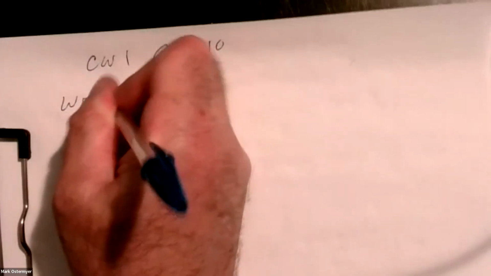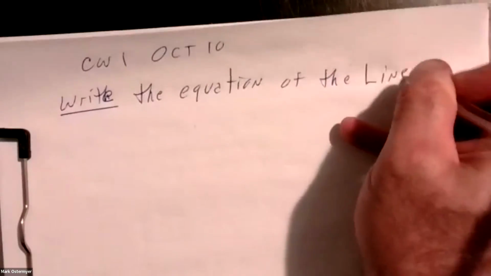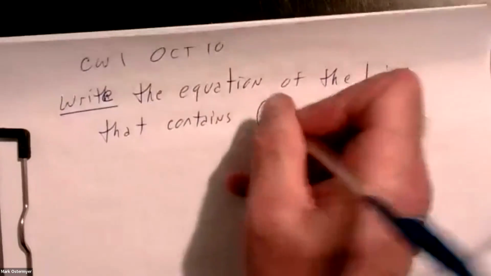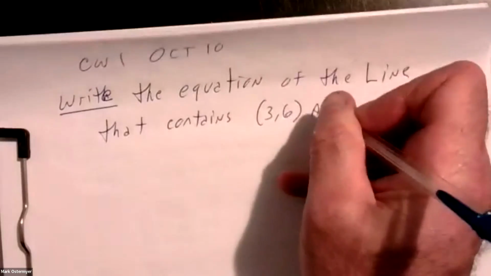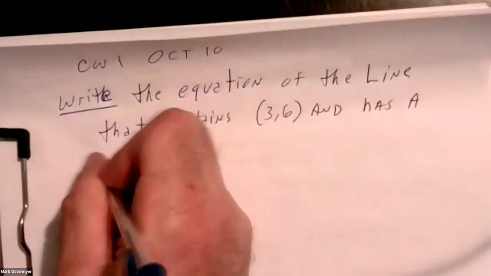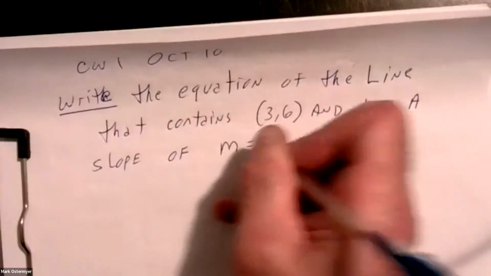I want you to write the equation of the line that contains this point, (3, 6), and has a slope of 2/5.